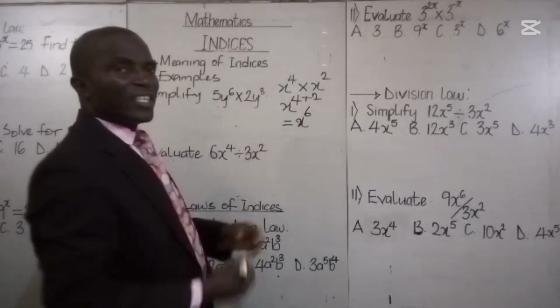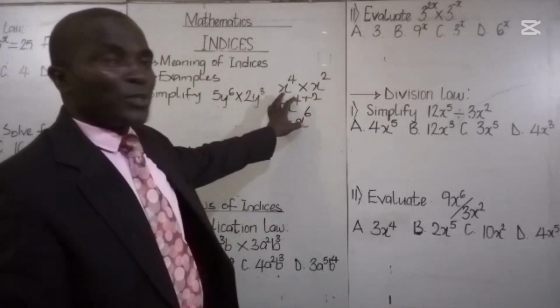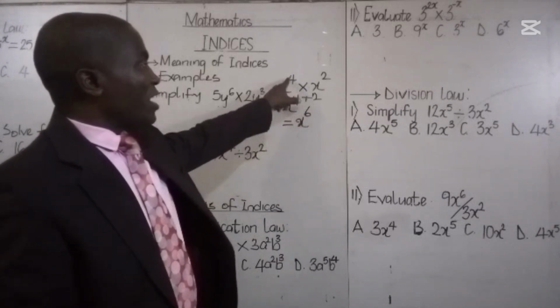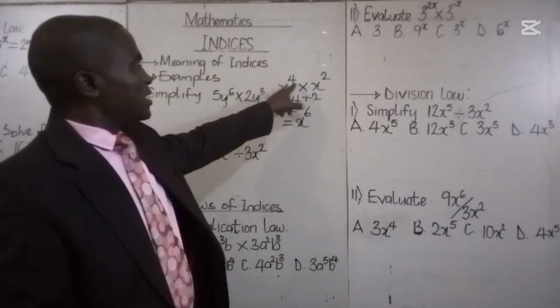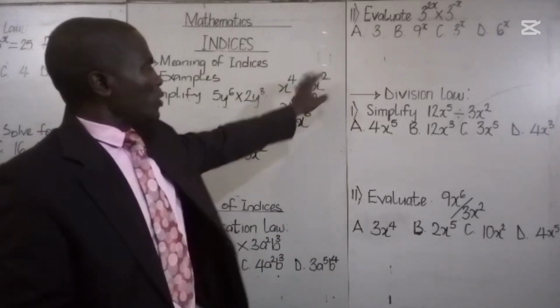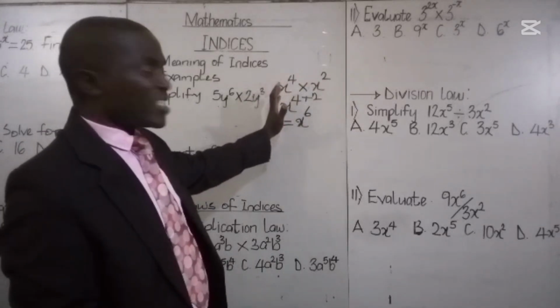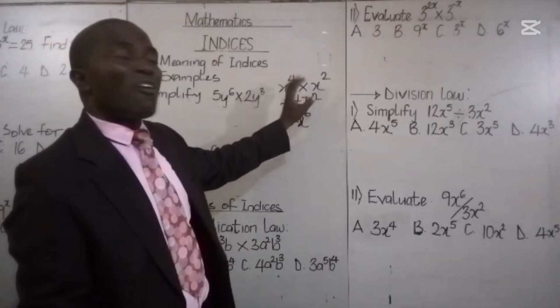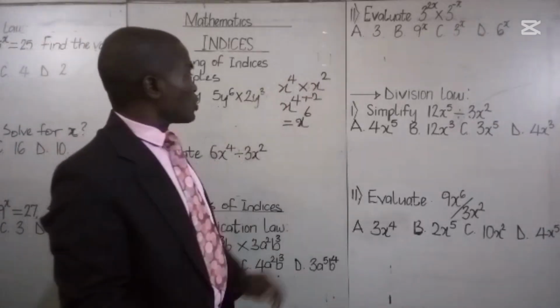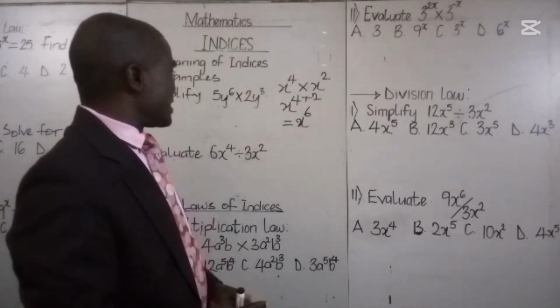This is dealing with expression with respect to their power. X raised to power 4, 4 is the power. X raised to power 2, 2 is the power. So when we simplify expression considering their power or index, that is what we refer to as indices.